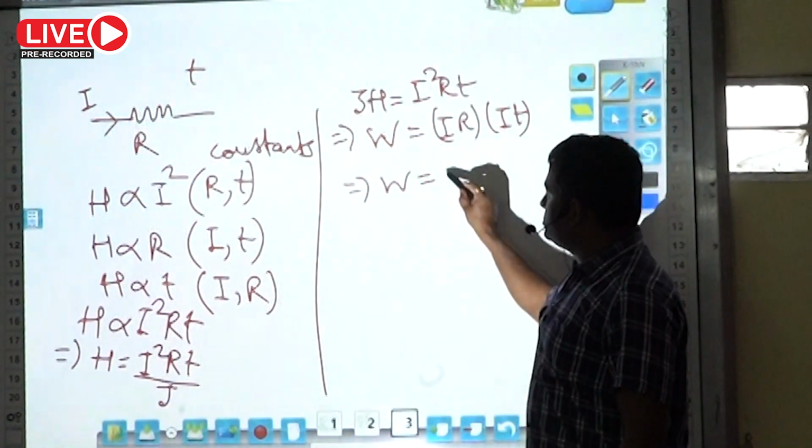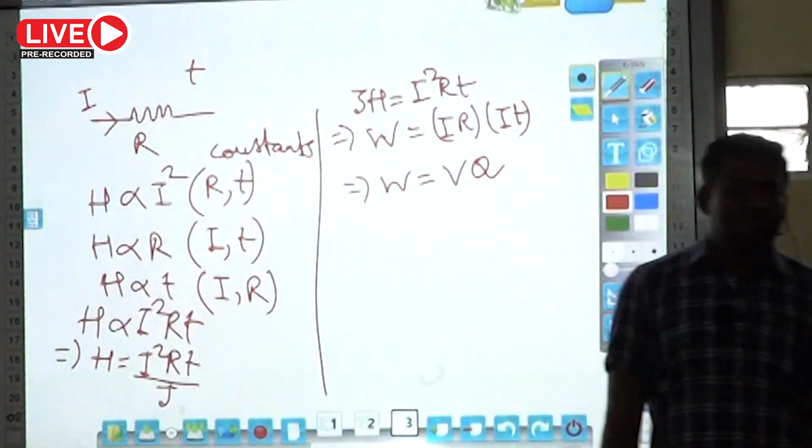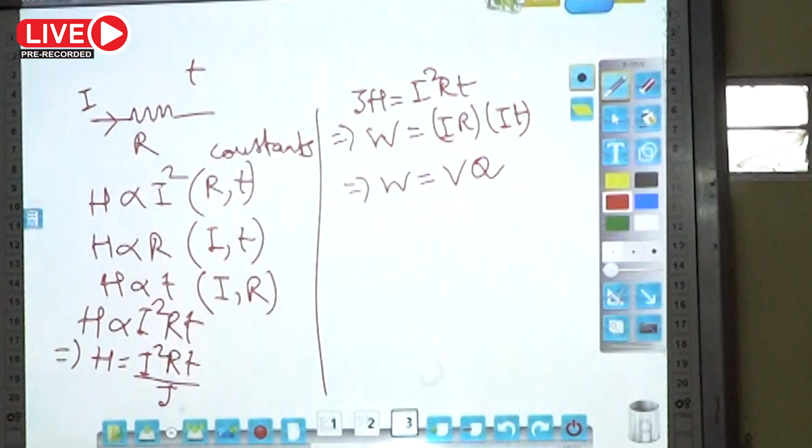So I can write it is V, and IT is charge flowing through the conductor. So you can also define this, that potential difference equal to work done per unit charge. Because I can write from here V equal to W by Q. The same logic is coming after introducing the constant J.